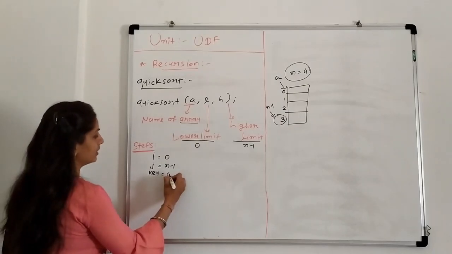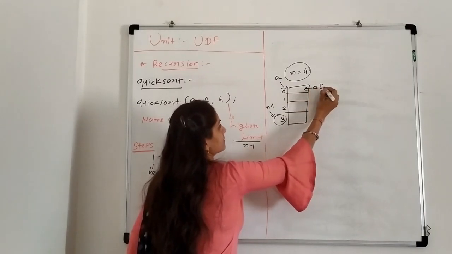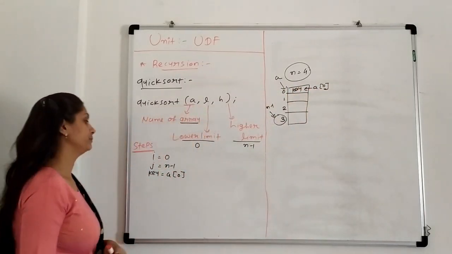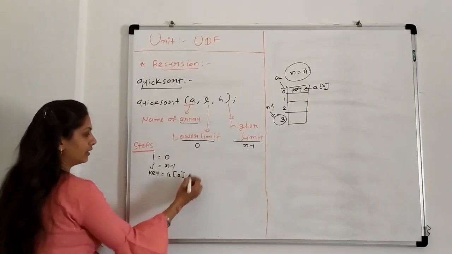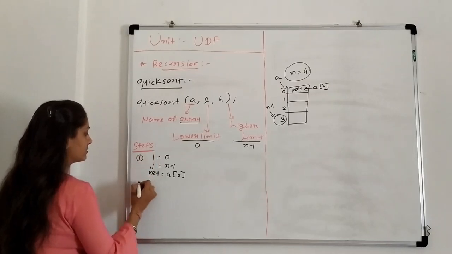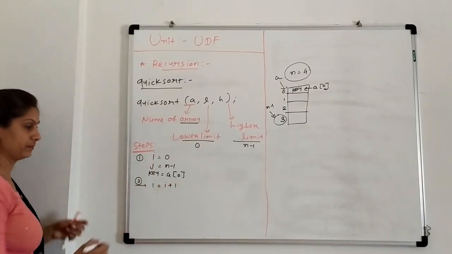And key is nothing but a of 0, the first element, and that is our key. Clear? After declaring these variables, the second step is i equals i plus 1.